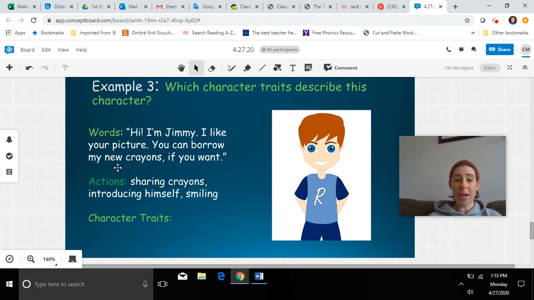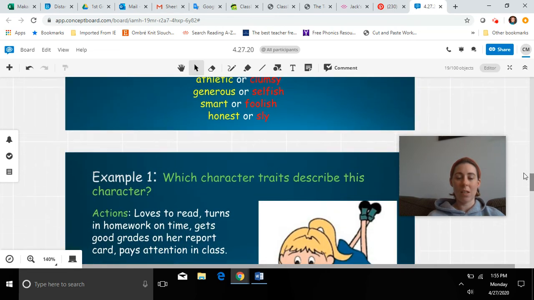You can borrow my new crayons if you want." Those were his words, what he said to a friend. And here are his actions. He's sharing crayons. He's introducing himself. And he's smiling.